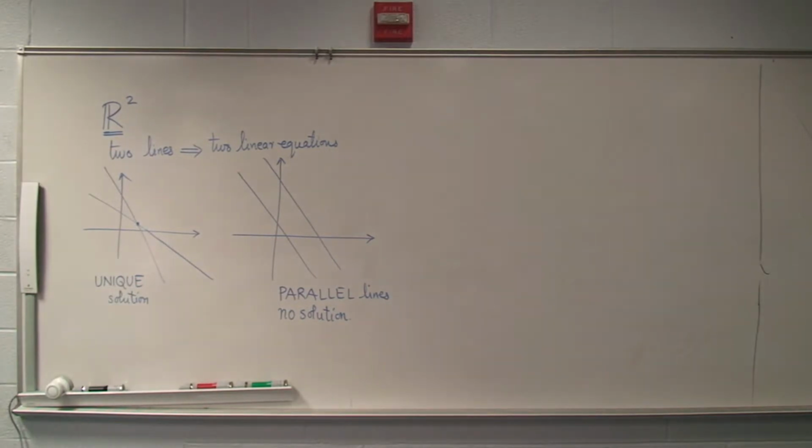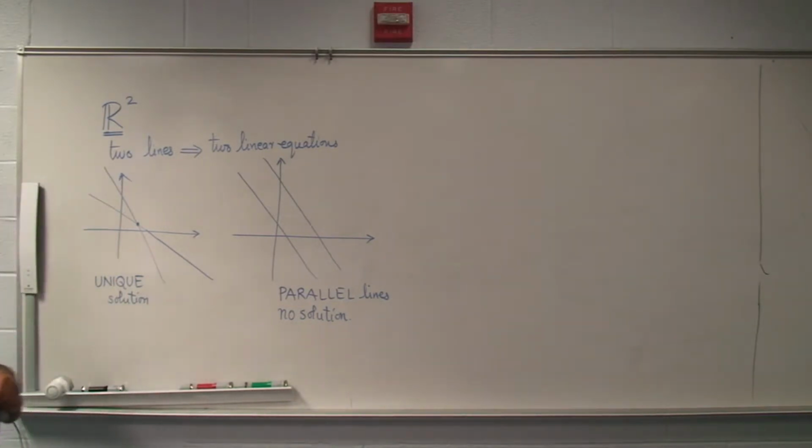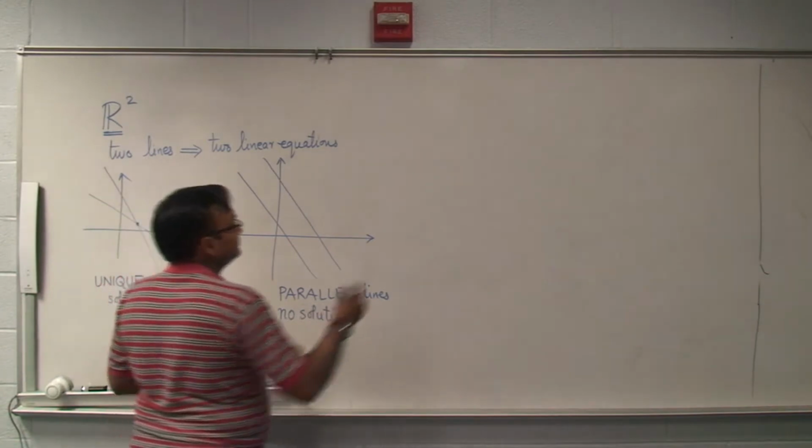So it could happen that we are given two equations in a system. They both turn out to be representing parallel lines, different parallel lines, and we don't end up getting any solution whatsoever. Could it happen that there's more than one solution?